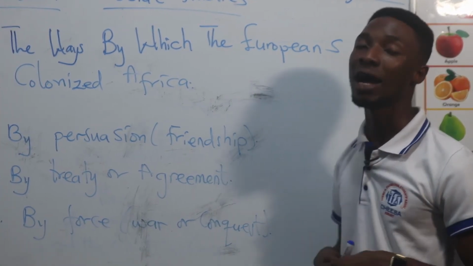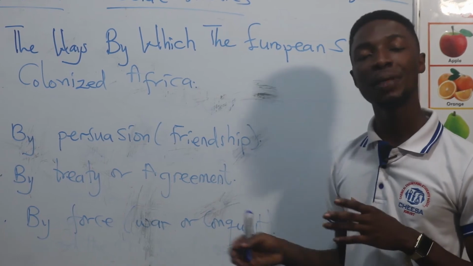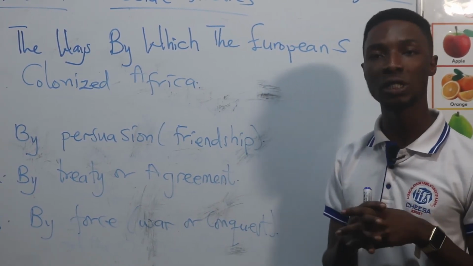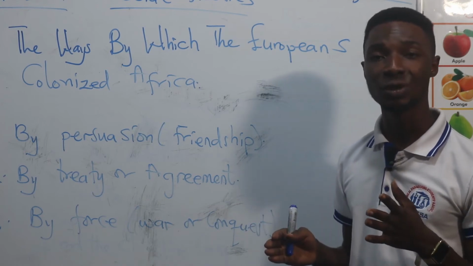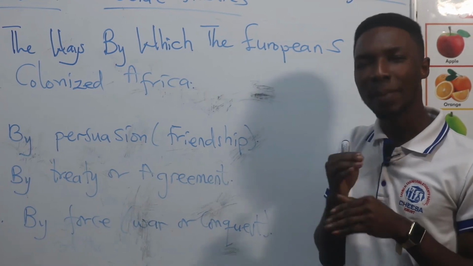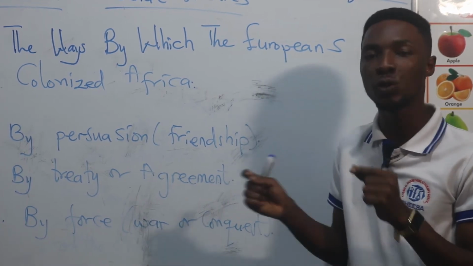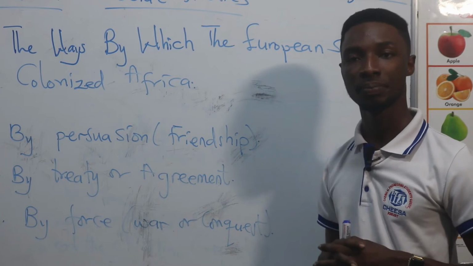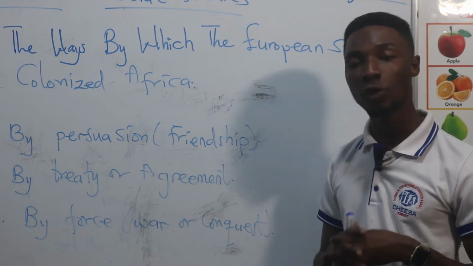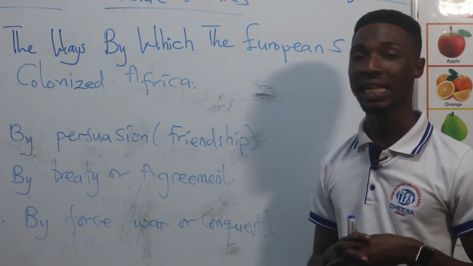By treaty or agreement, the Europeans signed a lot of peace treaties, peace bonds with some African countries and with some regions in certain African countries to establish some kind of peace relationship between them, which at the end led to colonization of those countries or those regions in Africa.